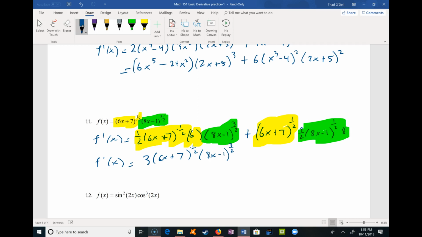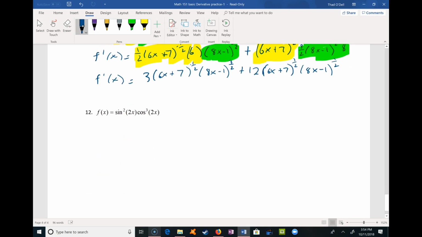And then we're going to get 4, that'd be plus 12, because the 8 and the 3/2 there, times 6x plus 7 to the 1/2 times 8x minus 1 to the 1/2. Okay, I think we got one more here.